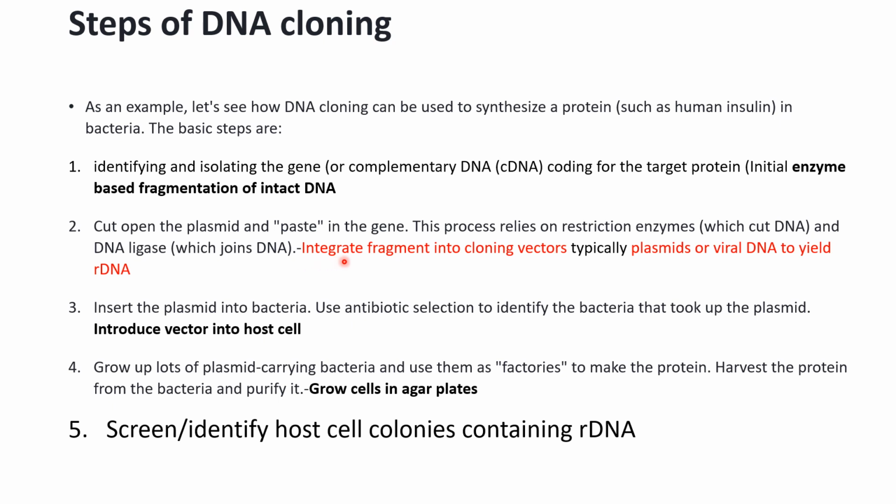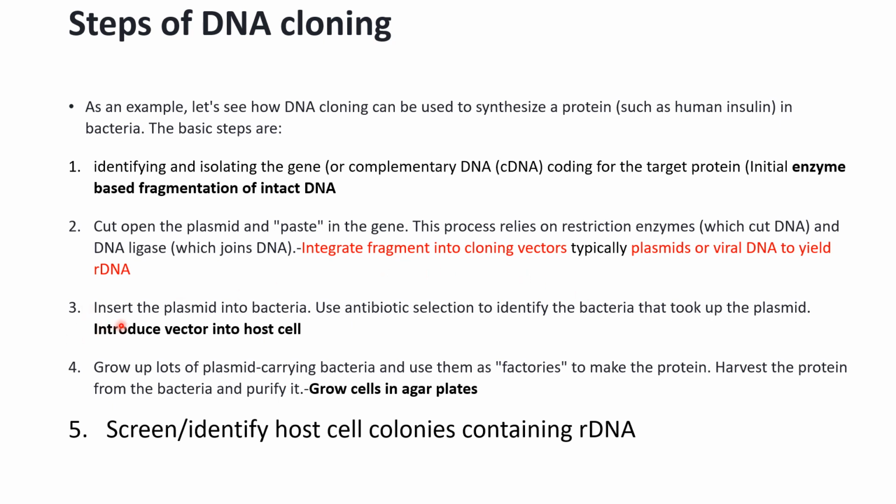So they integrate fragments into cloning vectors, typically plasmids or viral DNA, to yield recombinant DNA. You need restriction enzyme to cut your DNA of interest, and for it to be pasted and joined on the plasmid DNA, you need DNA ligase, so that you can come up with a product which is recombinant DNA.